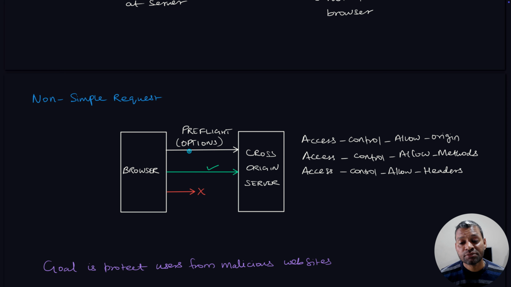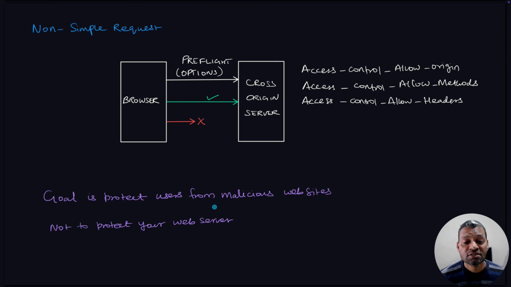First, we will send a pre-flight request to understand what requests are allowed. And if the request that the browser is planning to make is allowed based on the response we got for the pre-flight request, then that request will be sent to the cross-origin server. Otherwise, it will be blocked at the browser itself. The request did not even go to the server. Okay, so that is how it works for the non-simple request.